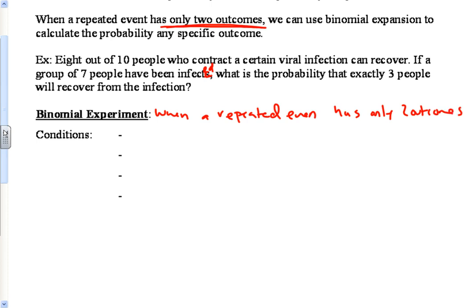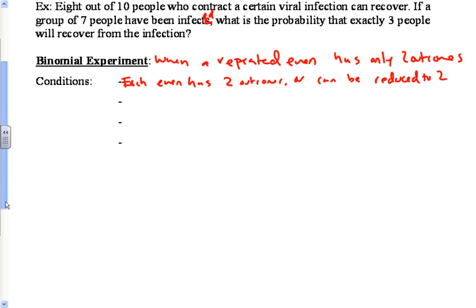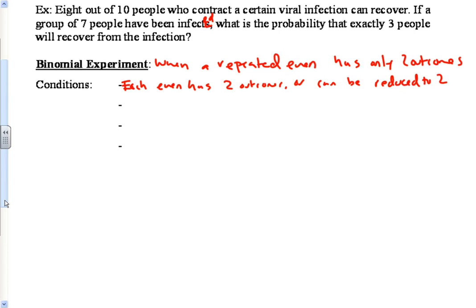Alright, so the conditions for this are each event has 2 outcomes or can be reduced to that. Alright, so for example, maybe there's more than 2 possible outcomes. So you define some of those as success and some of those as failure. Then that would be your 2 outcomes. Your 2 outcomes are either success or failure.